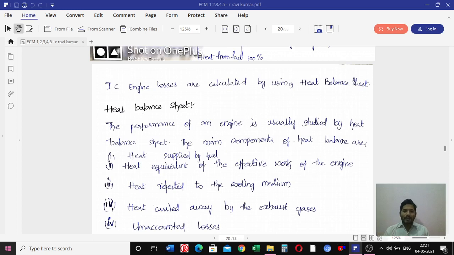So this heat balance sheet: the performance of the engine is usually studied by the heat balance sheet.